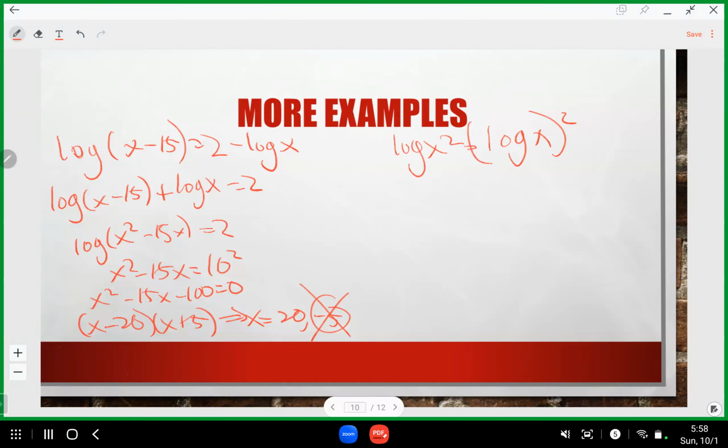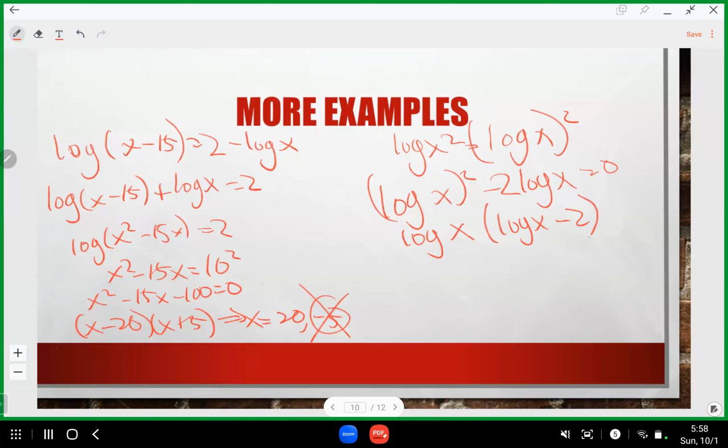Log of x is equal to times log of x minus 2. So log of x is equal to 0, and log of x is equal to 2.